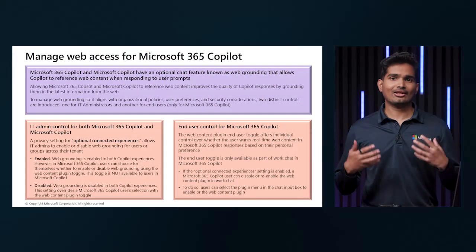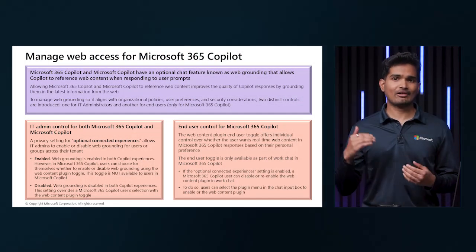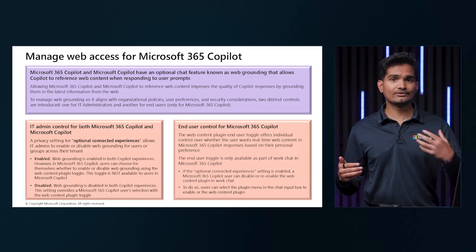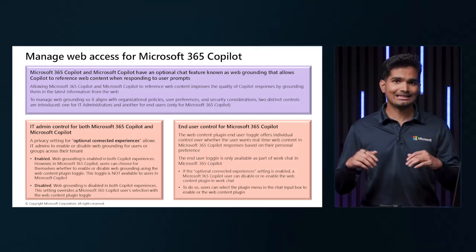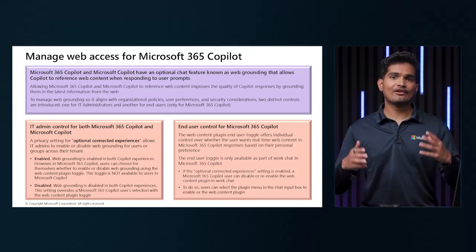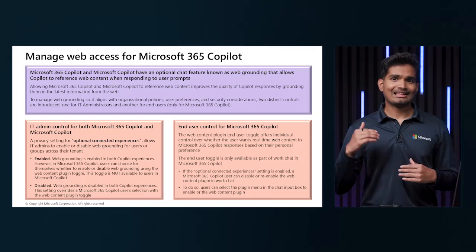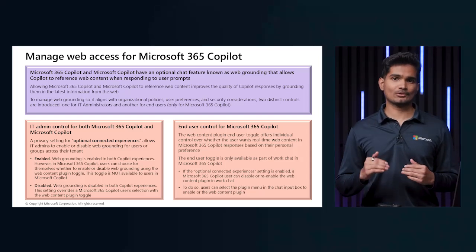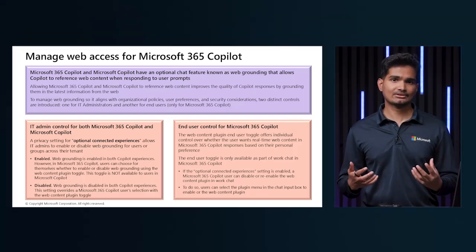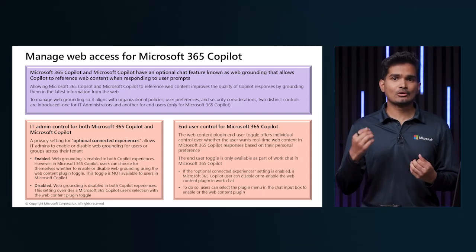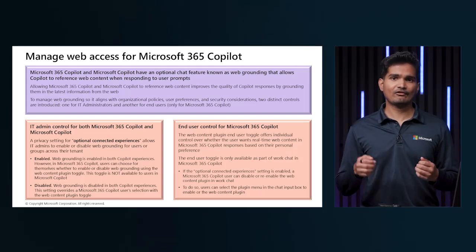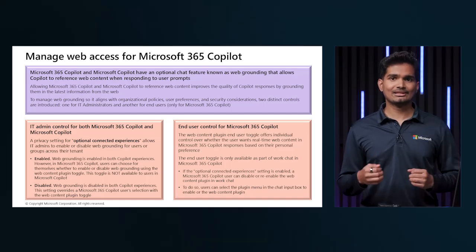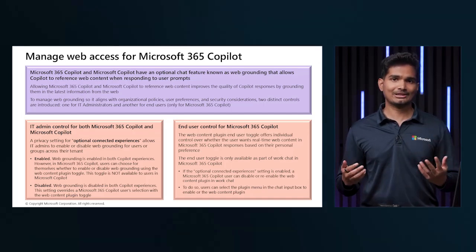Web grounding allows Microsoft Copilot to reference web content and improve its response by grounding it with the latest information from the web. There are two distinct controls to manage the grounding process. IT administrators control a privacy setting for optional connected experiences, which allows IT admins to enable or disable web grounding.